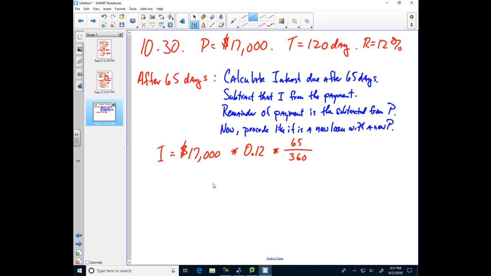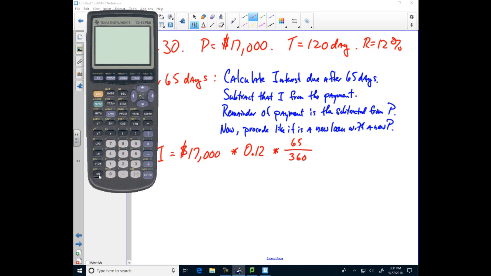Okay, calculator. $17,000 times 0.12. It's pretty steep interest. Times the quantity 65 over 360. Since I've got a graphing calculator, I can do this.